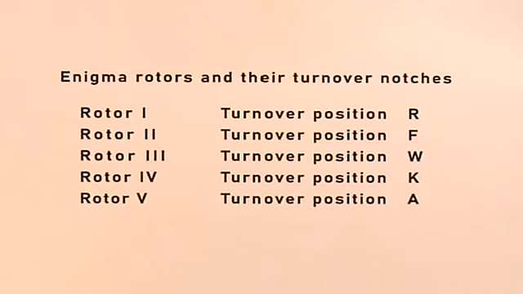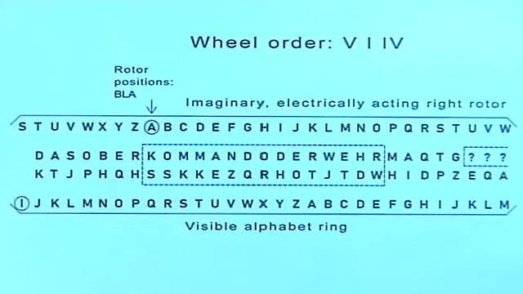The search engine stopped with the wheel order Roman 514. The Roman 4 rotor has its notch unchangeable at the letter K. Please look here. The visible, readable alphabet ring must be on the letter K in this position.